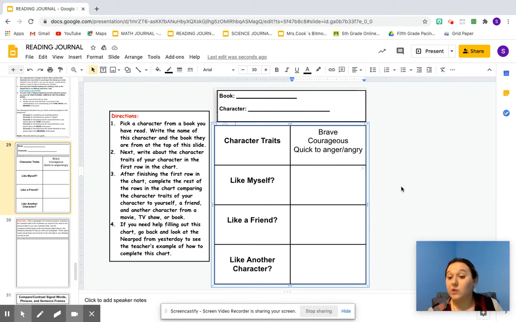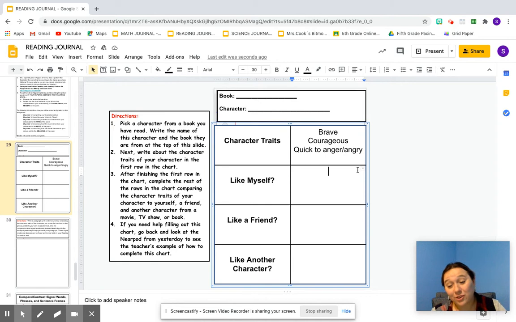So let me show you an example of how to do this. So remember we said that Samuel's character traits were brave, courageous, but he was quick to anger, he was angry. So how is that compared to myself? Well, knowing myself and my own character traits, I would like to say I'm brave and courageous, but to be honest with you, if I see a spider in a room or something, I'm not very brave around spiders.